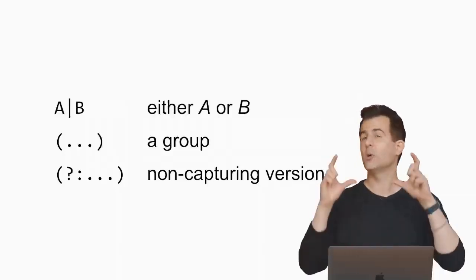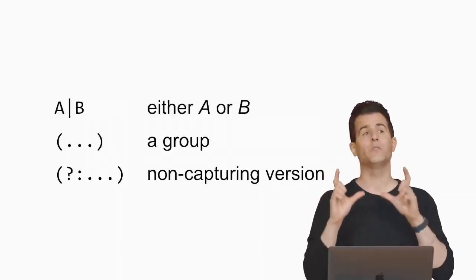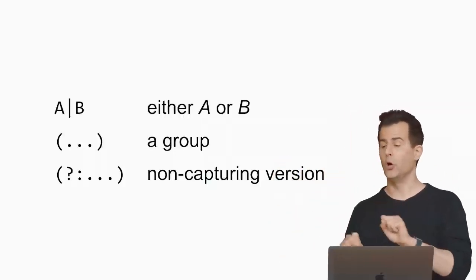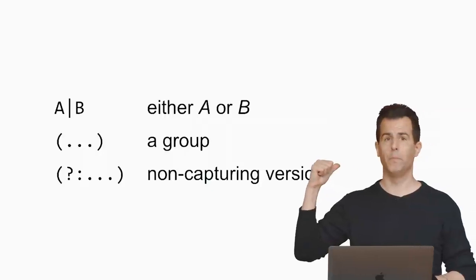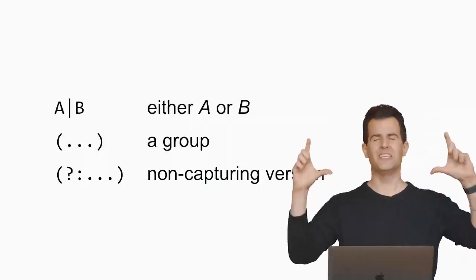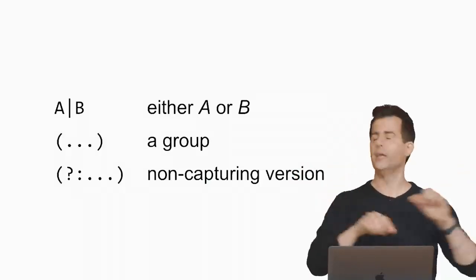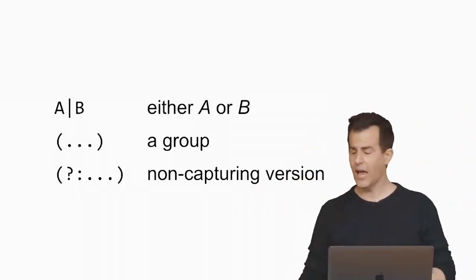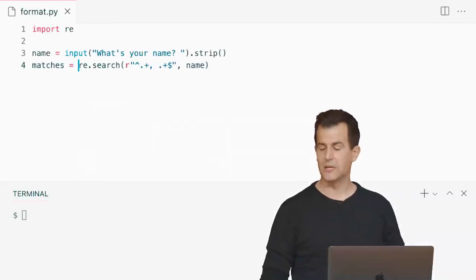It's going to allow you to extract specific amounts of information from the user's own input. You can reverse this process, too, by using the non-capturing version as well. You can use parentheses and then literally a question mark and a colon and then some other stuff, and that will say, don't bother capturing this, I just want to group things. But for now, we're going to use just the parentheses themselves.